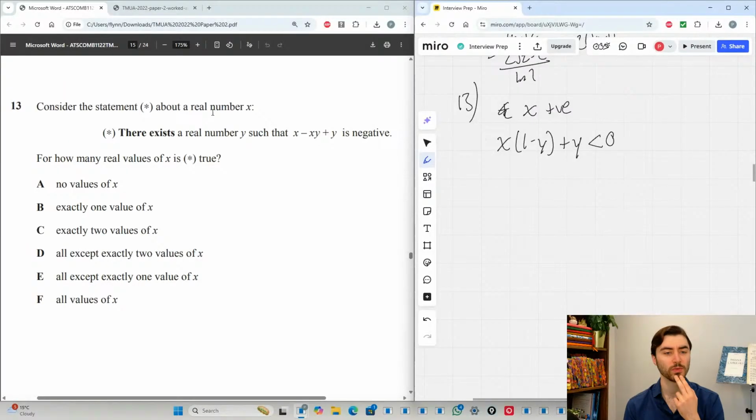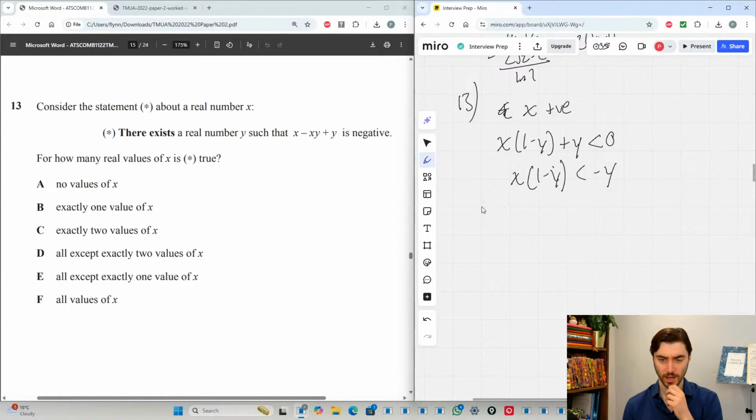Well, can there ever be a real number x for which there is never a y for which this is true? Okay, so x times 1 minus y is certainly less than minus y.